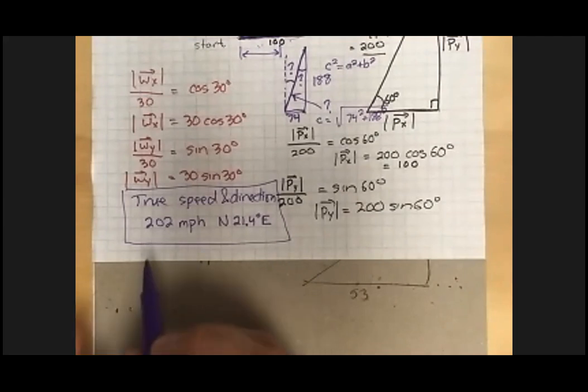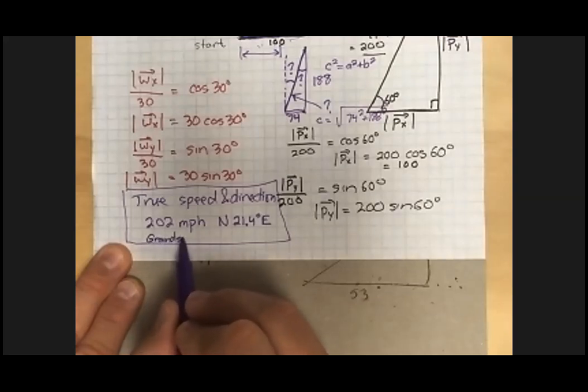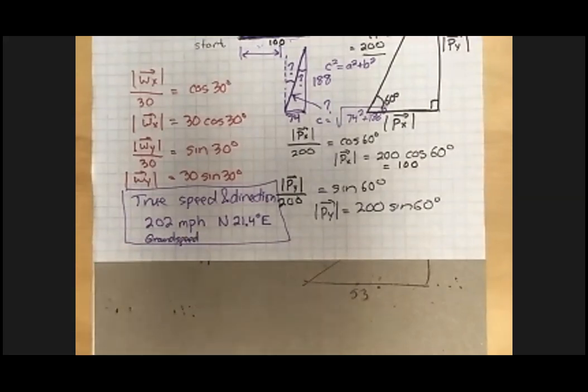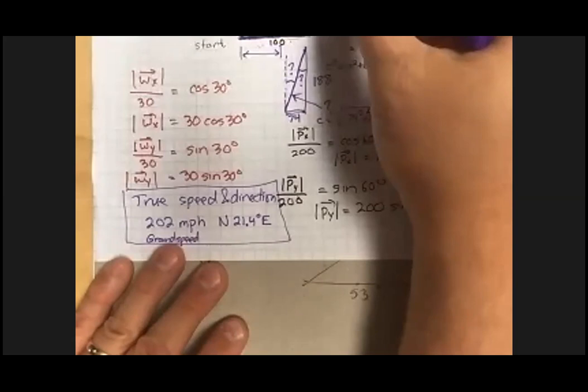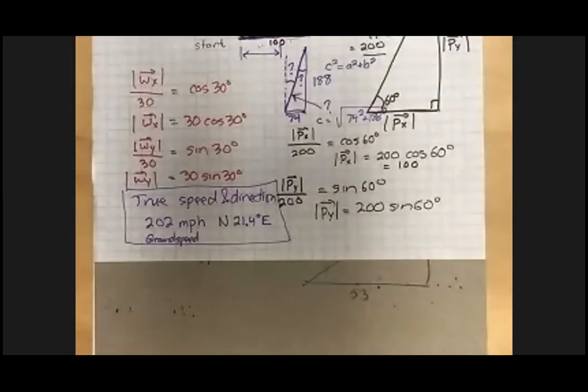Relative to the ground, people call that ground speed if you're a pilot. And what your engines are showing you is called airspeed. So her airspeed was 200 miles per hour, but her ground speed is 202 miles per hour.